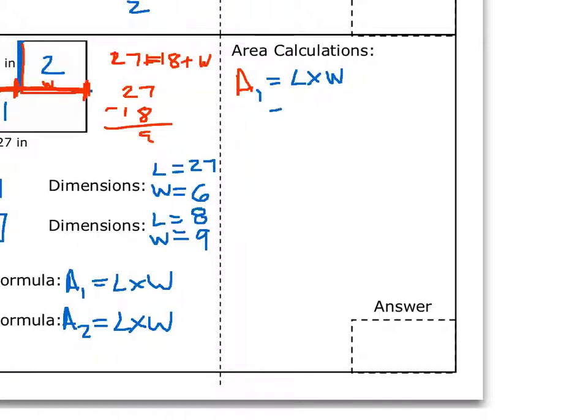Length times width, we said the length was 27 and the width was 6. So now we've got to do 27 times 6. I'm going to do that work down here real quick. I get 162.